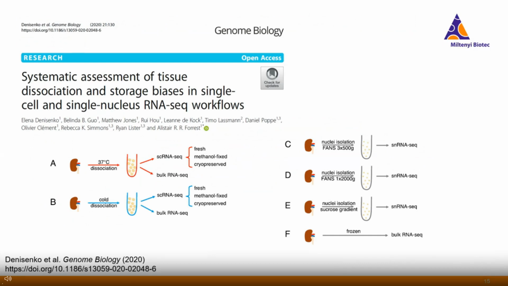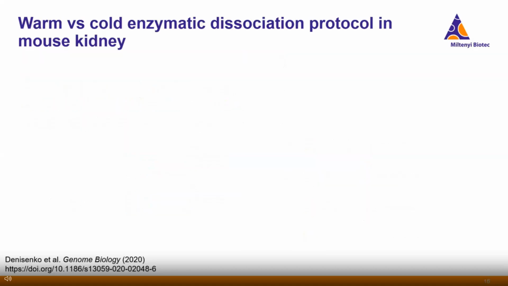This was a very thorough methods paper that came out of a group from Australia, and it looked at the effects of a variety of different sample prep methods for single cell sequencing. So the figure shows all the methods they tested, but right now we're just going to look at their comparison of warm versus cold dissociation. First, let's take a look at the dissociation protocols.